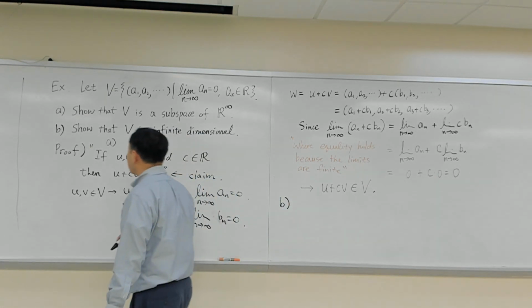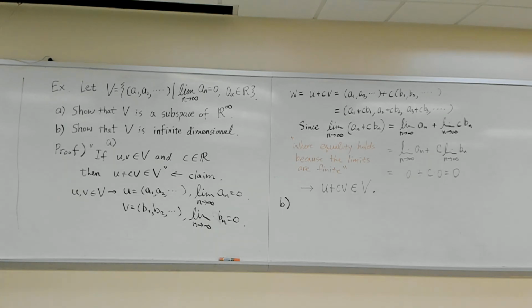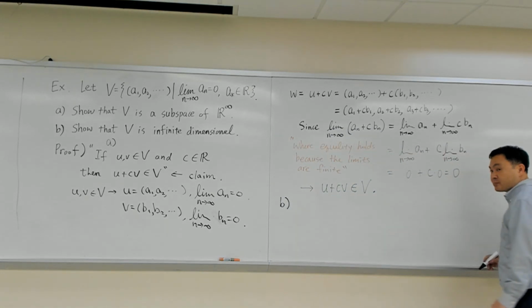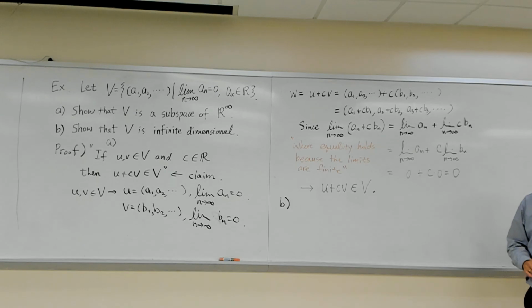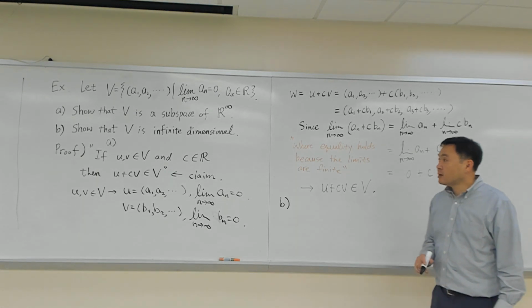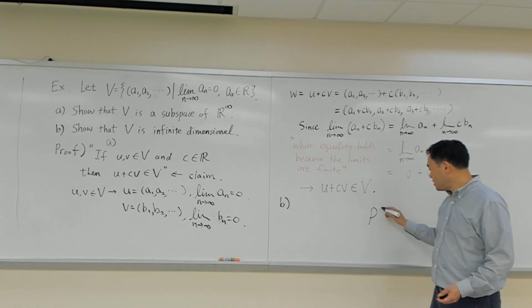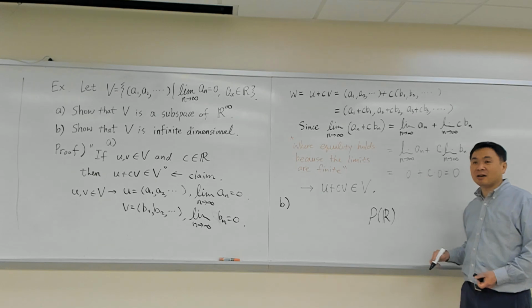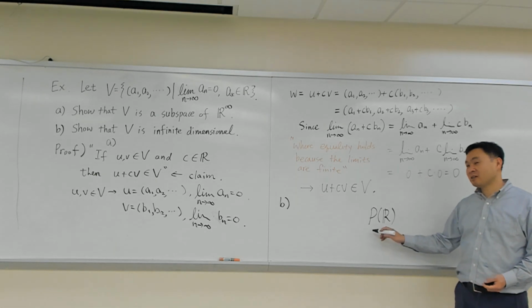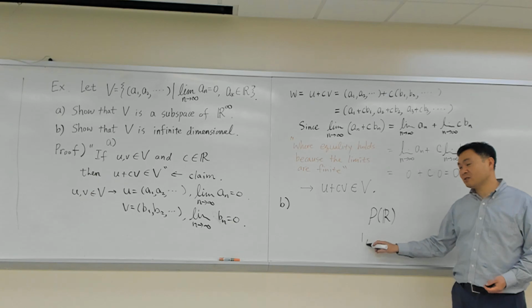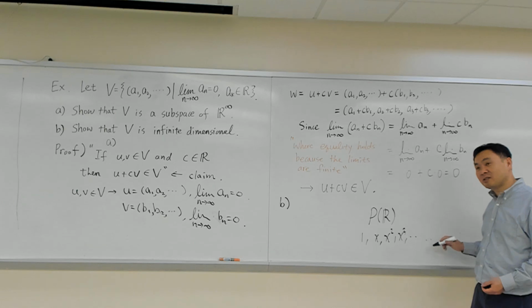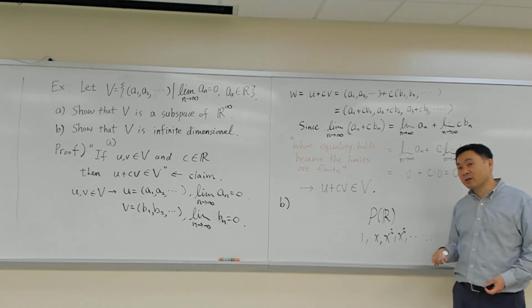Now let's think about part B, where the question is to show that V is infinite dimensional. Well, how did we show that P of R is infinite dimensional? Do you remember how this was shown? We say this has 1, x, x squared, x cubed, and so on, right? All of these are linearly independent in here, right?